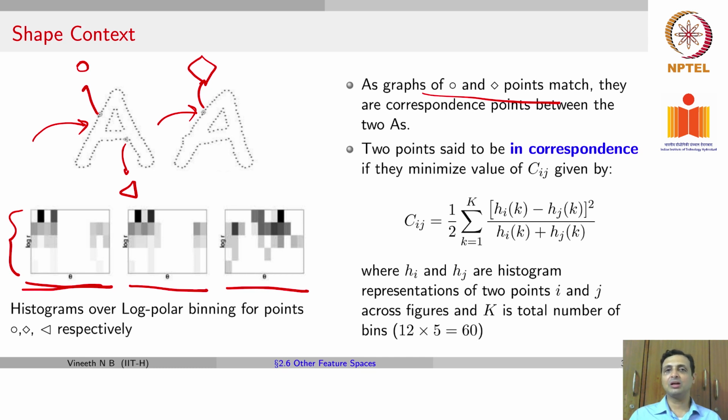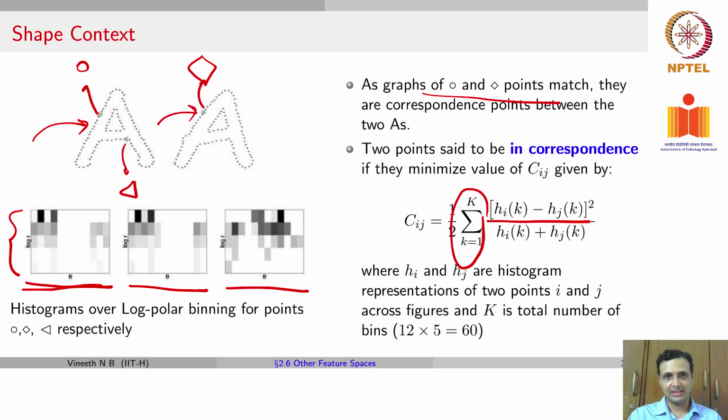We say 2 points are in correspondence if they minimize a value of Cij, where i and j are the 2 pixels that you're trying to measure, and Cij is defined as the summation over k of (hik minus hjk) whole square by (hik plus hjk). And hik and hjk are the histogram locations around the ith pixel and in the representation around the jth pixel.